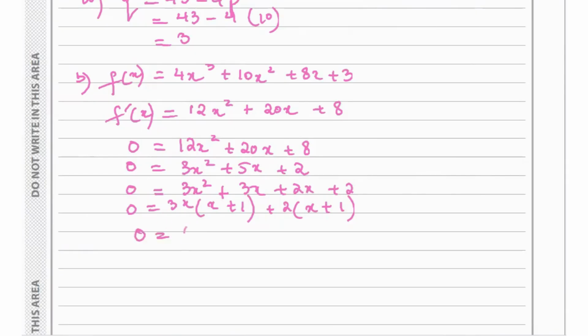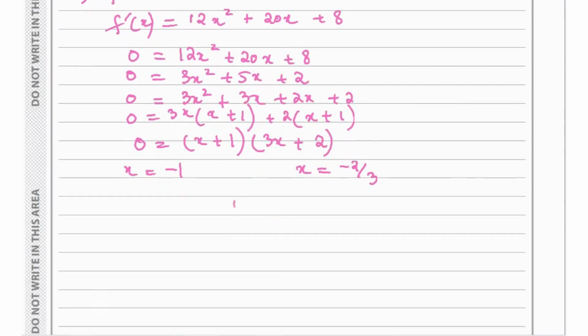That's going to be x plus 1 bracket 3x plus 2. So one value of x is negative 1. The other is negative 2 over 3. So these are your turning points basically, because when I put the derivative equal to 0, that gives us the stationary points, and stationary points are the turning points.